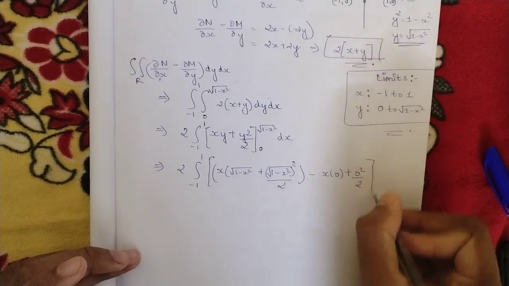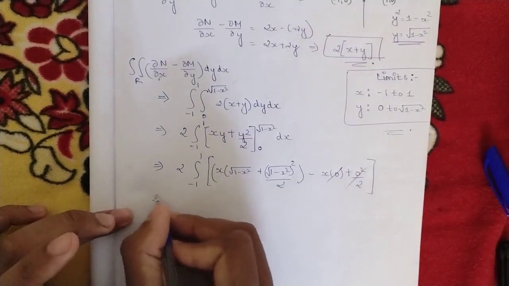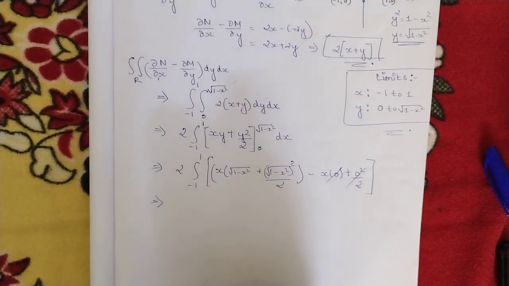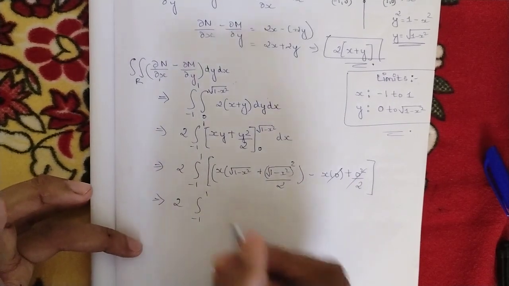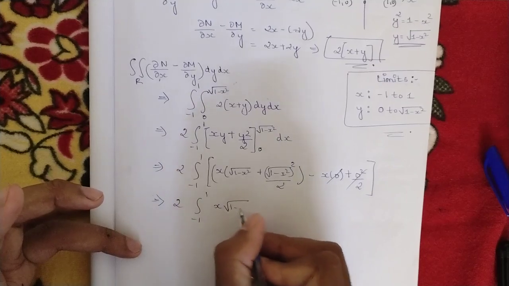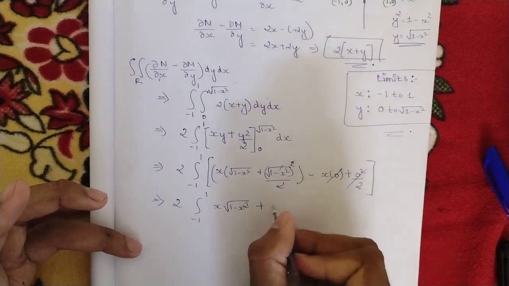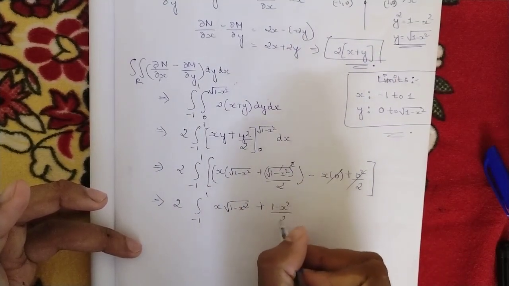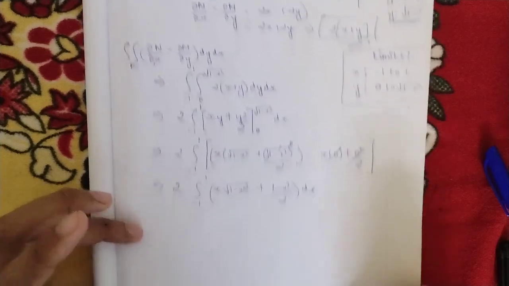So this would be getting cancelled. We would be left with only this part, that is 2 into the integral from minus 1 to 1 of x into square root of 1 minus x square plus, so root and square get cancelled, we are left with 1 minus x square by 2, dx.